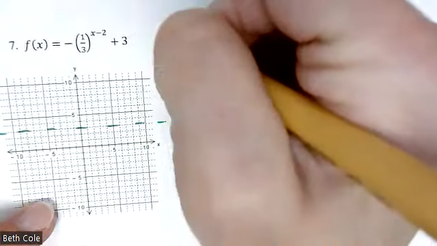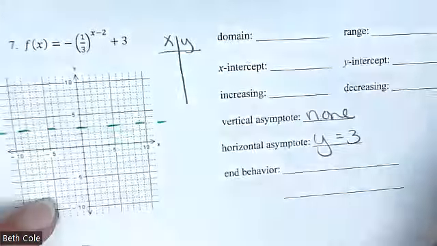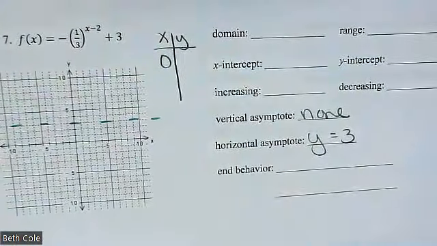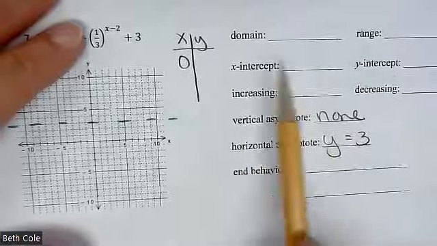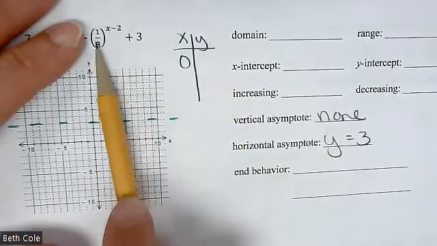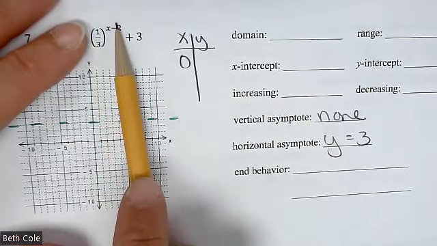All right, let's make a table. What do you want to try and plug in? Good. I like it. All right, now stick with me on this one. This is why I reviewed the negatives on the other side of the paper. 0 minus 2. Okay, 1/3 to the -2.